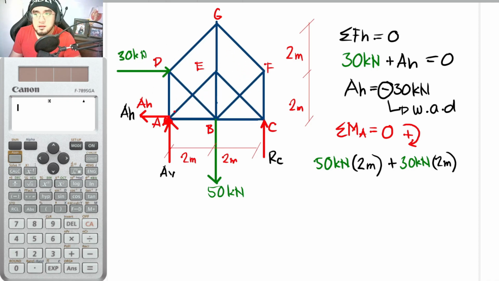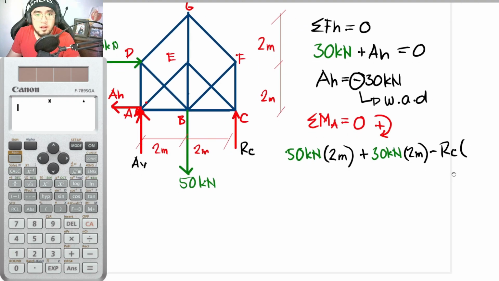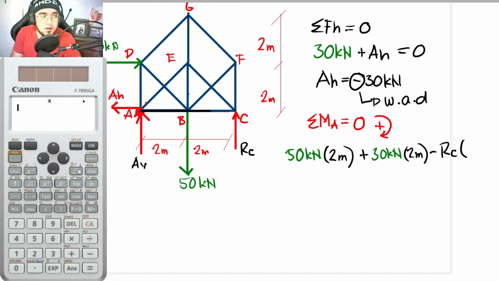So with that, since it is counterclockwise, it is contrary to my clockwise positive, meaning that it should be negative. So negative RC times, of course, the lever arm, and our lever arm right now should be measured from this point up until this point. In other words, 2 meters plus 2 meters, and that is 4 meters. So this is now equal to 0.